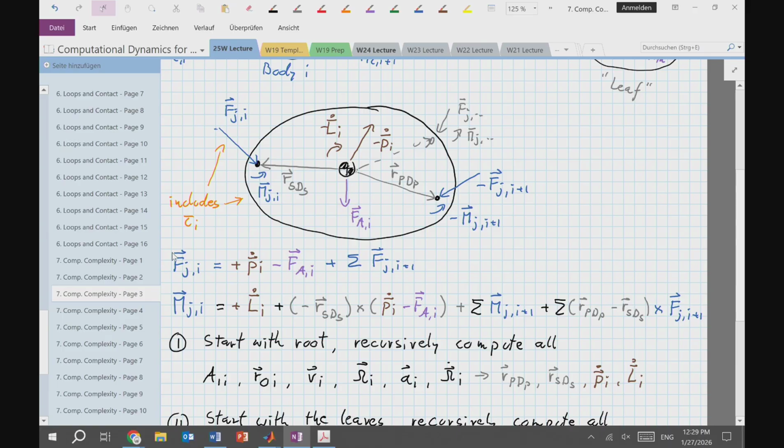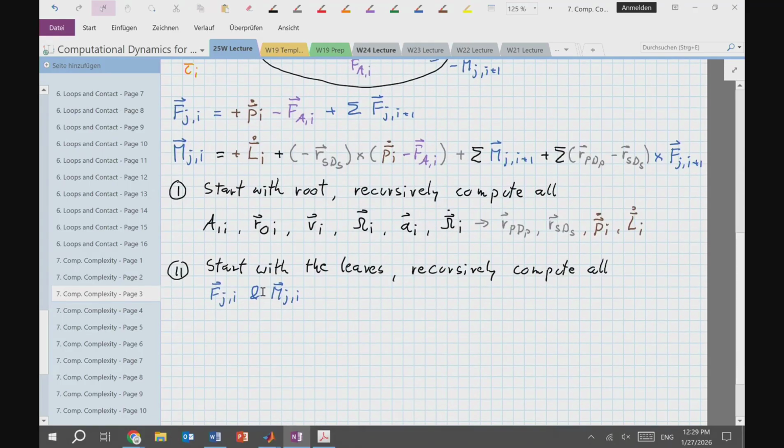It's constant. Every body has to solve this one equation once. And then we move on to the next body and solve that equation again. So we will solve these equations, we will just insert numbers, n body times. So this here also takes order n amount of time.